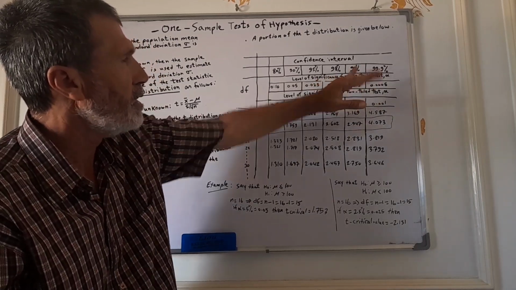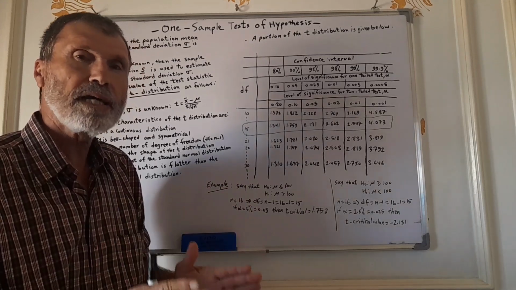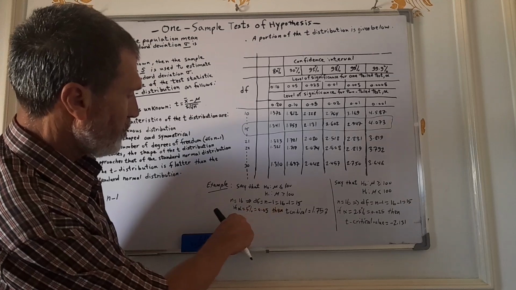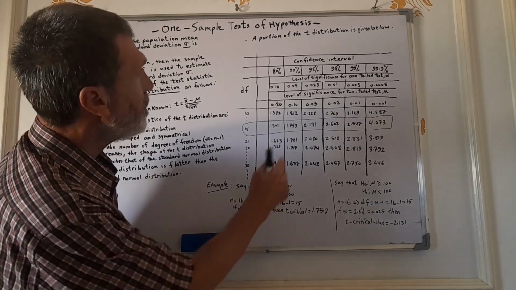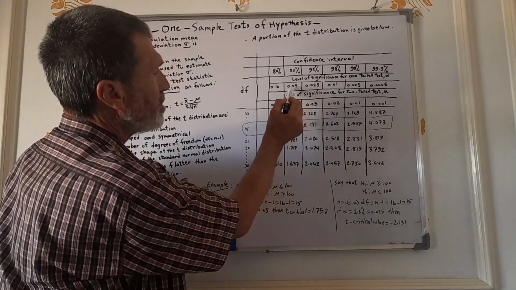So we move here. Then locate the column with the selected level of significance. As you can see, the level of significance is 5%, or 0.05. So where is the column with 0.05? It is here.